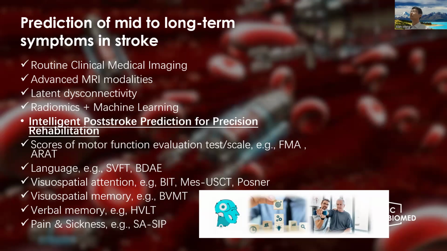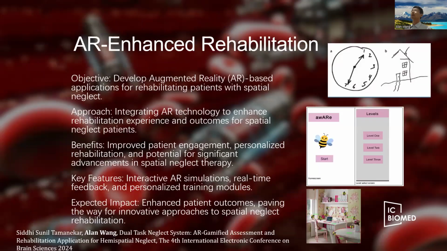This kind of score will be more quantitative and will also provide more precise rehabilitation in a convenient way. For the rehabilitation, we also developed some augmented reality-based applications and automatic object detection and put them together, to develop gamified assessment and rehabilitation for spatial neglect after stroke or brain injury, for example, TBI.